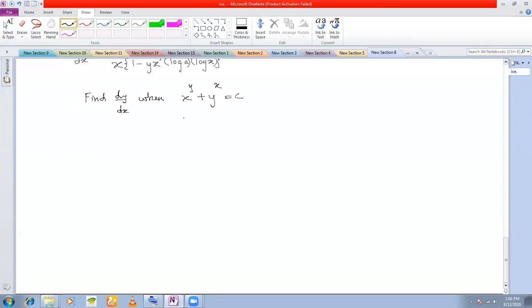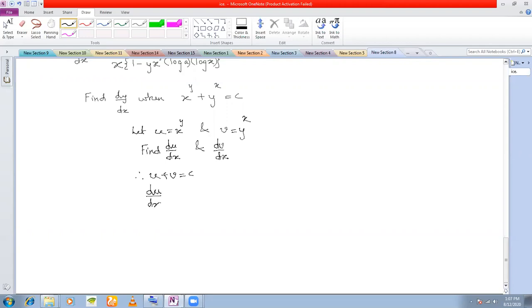If you take u equal to x to the power of y and v equal to y to the power of x, now differentiate both separately. Find du/dx here, and find dv/dx here. And therefore u plus v must be equal to c, isn't it?